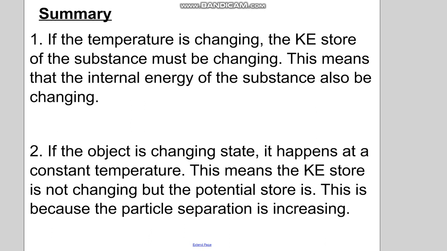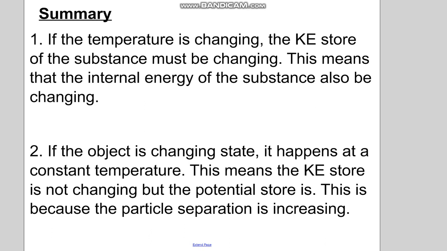The sloped lines which went upwards to the right, you need to be able to interpret these in terms of what's happening to kinetic energy, and what's not happening with potential energy, and what's happening with internal energy.